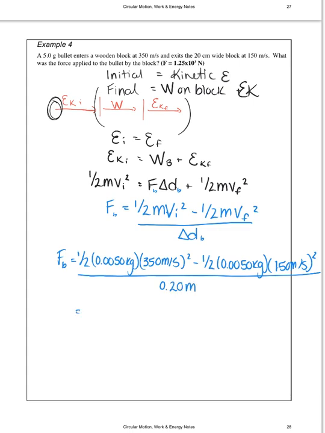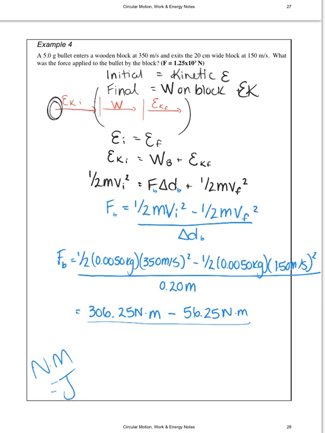I solved this piece by piece, so 306.25 Newton meters was our first term. Take away 56.25 Newton meters, also known as a joule, but I'm going to end with newtons, so I wrote it as that. Remember, a Newton meter is equal to a joule.